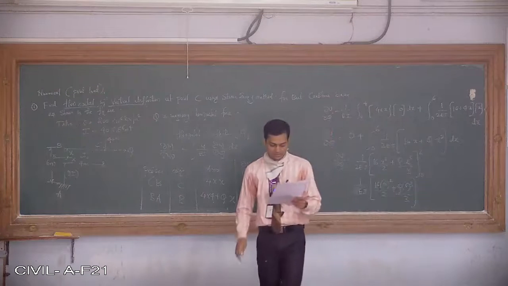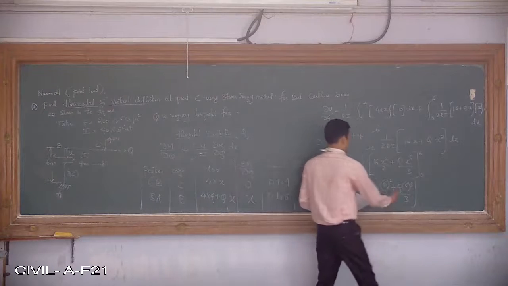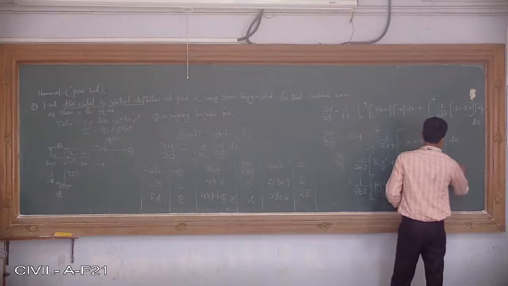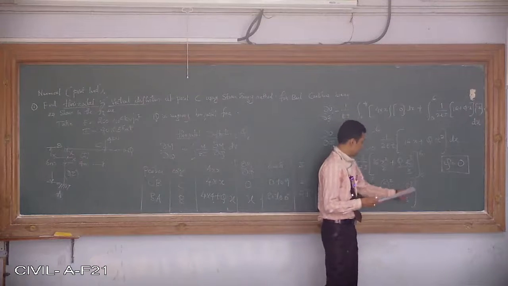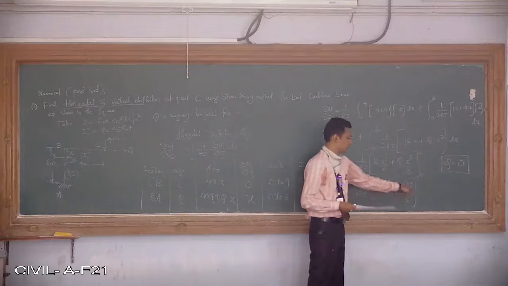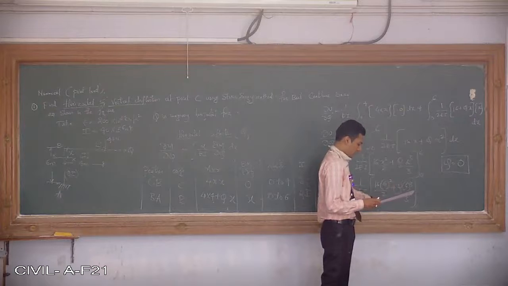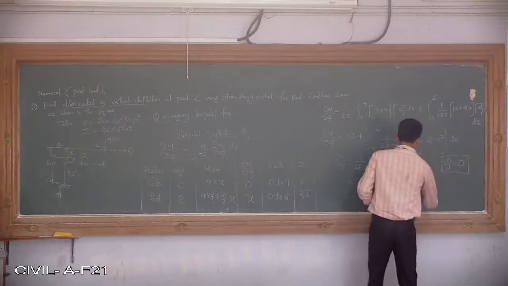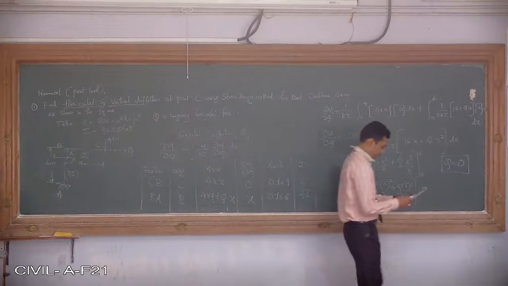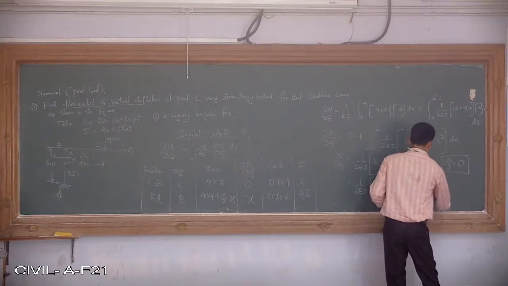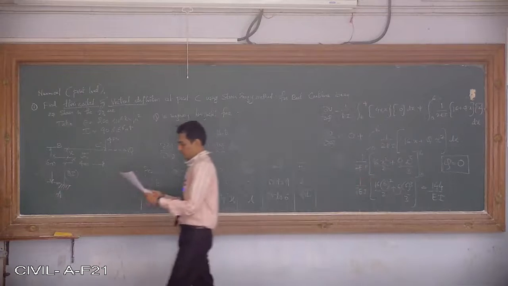Now this is the stage where you have to put Q equal to 0. So this entire term vanishes, since Q is 0, and 0 into 6 cube is 0. Only 16 into 6 square divided by 2 is left, divided by 2EI. So ultimately you get 144 by EI.